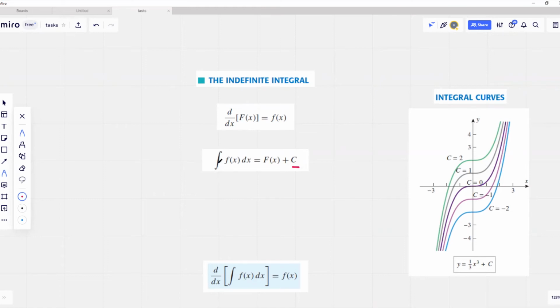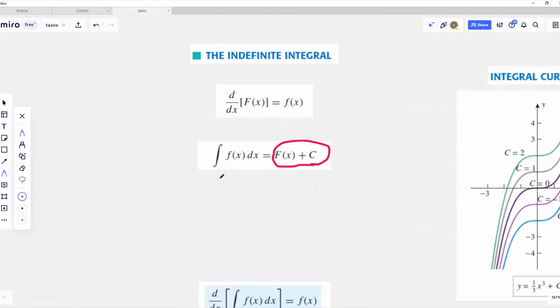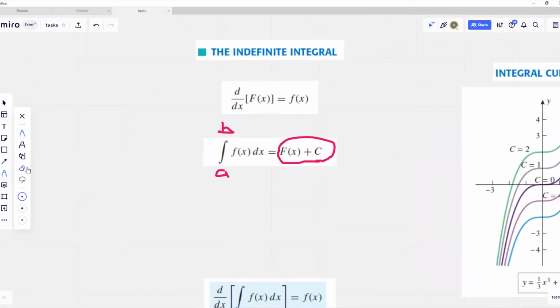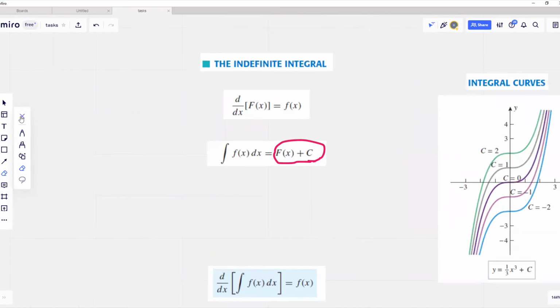We call it indefinite since the result here is defined by a family of curves and is defined only up to a constant. You are probably familiar with the definite integral sign, where we have lower and upper boundaries on the integral sign. We'll consider this topic a bit later in this course.